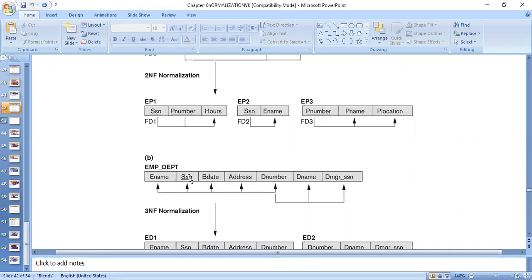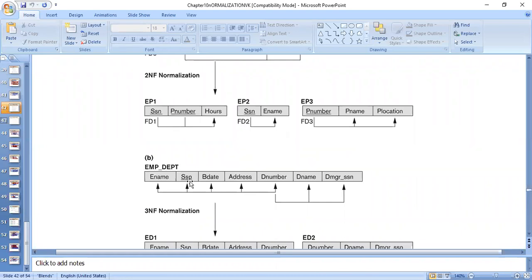When we look at employee name, it is directly dependent on the primary key, so there is no transitive dependency. If you take SSN number, each SSN number has one associated name, so there is a direct dependency. Look at the birth date, again direct dependency. Look at address, it is the employee's address, so direct dependency.